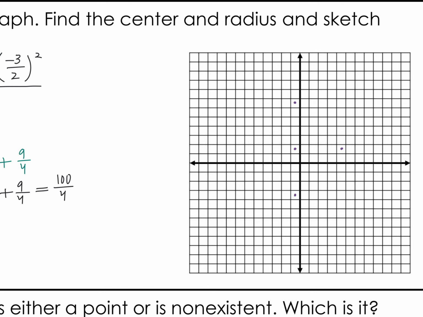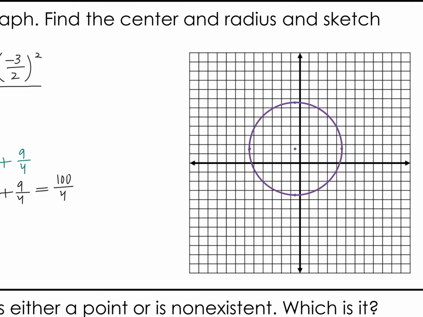And the last one. Okay, so once I have that, I can draw my circle. So once again, I'm going to pause it so I can get a nice, pretty, perfect circle. All right, and there you have it. That would be our sketch of the graph for problem number 3.